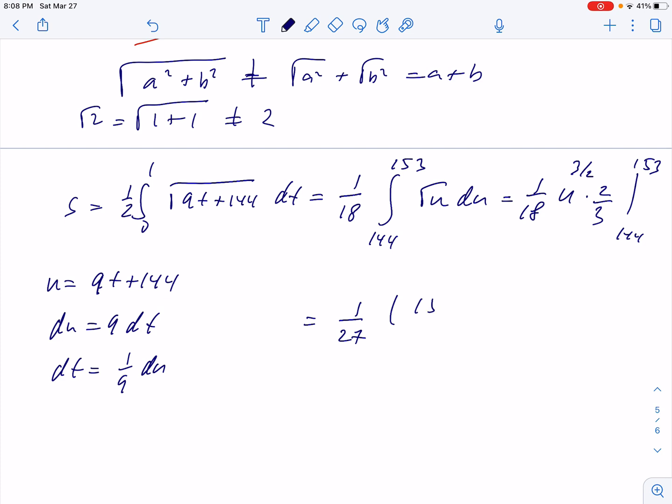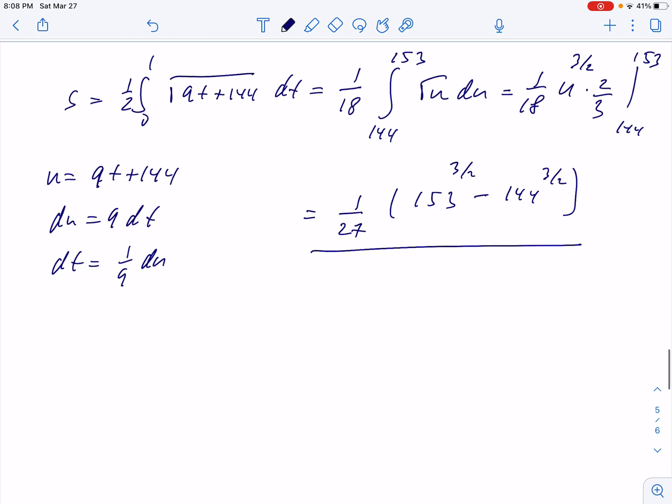And we have 153 to the power 3/2 minus 144 to the power 3/2. Now you can simplify 144 to the power 3/2 because you can take first the 1/2 power, which is 12, then cube. That's not so important. So we have this example. You see that computing arc length sometimes involves interesting integration, and sometimes integrals cannot be solved, like with the elliptic integral. Enough for now. Goodbye.